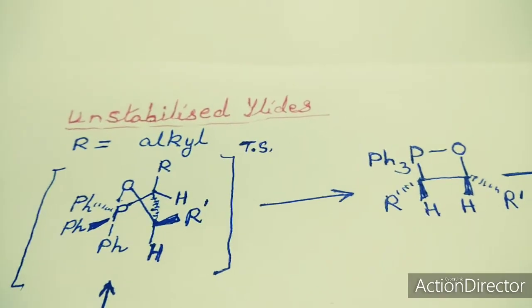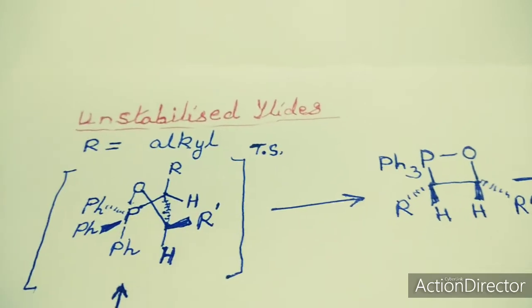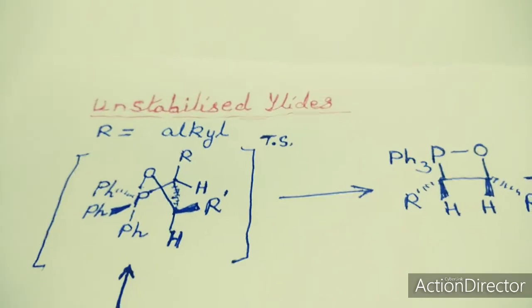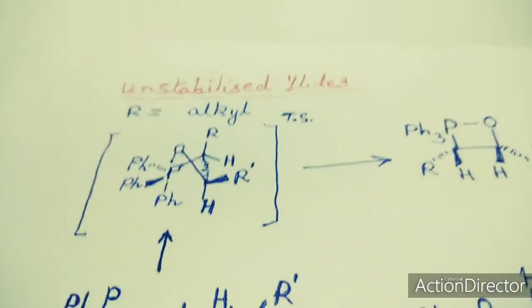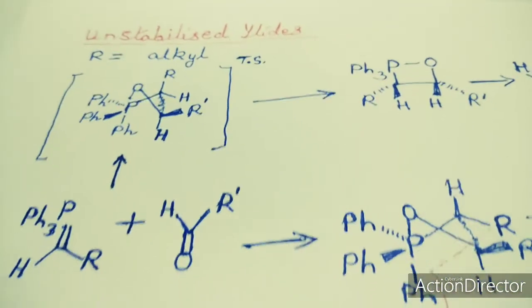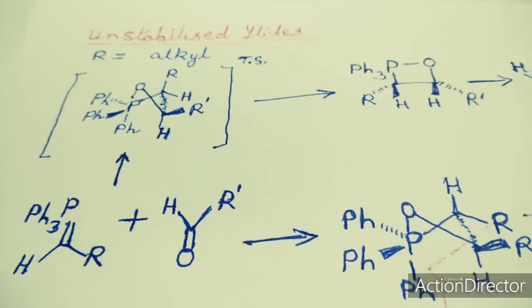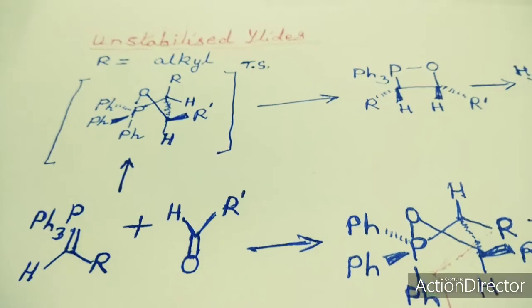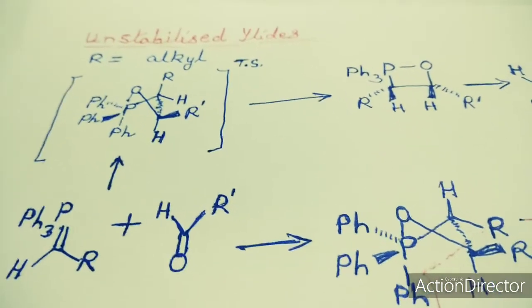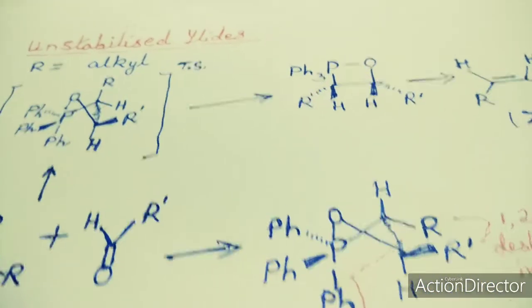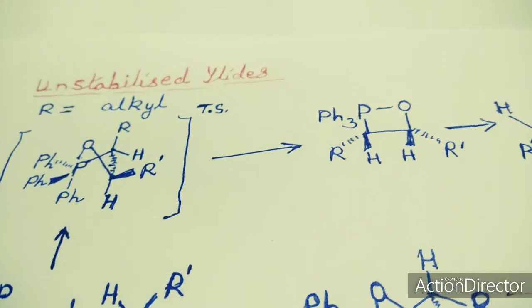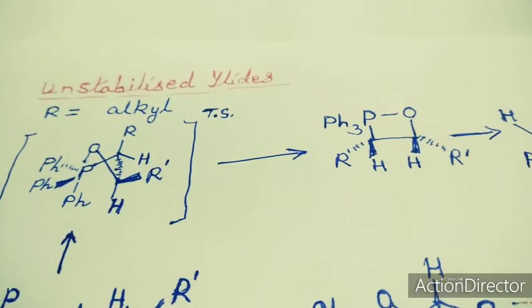And now the state I have shown here is the transition state. And how is this transition state formed? When Ph3P=CHR reacts with the carbonyl, it will tend to form this type of transition state. This seems rather weird, but it is not.